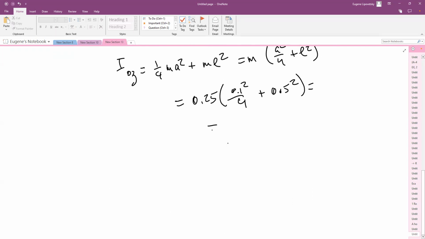It's going to be 63.125 times 10 to the minus 3 kilogram meter squared.